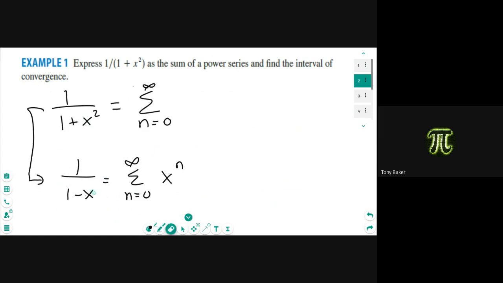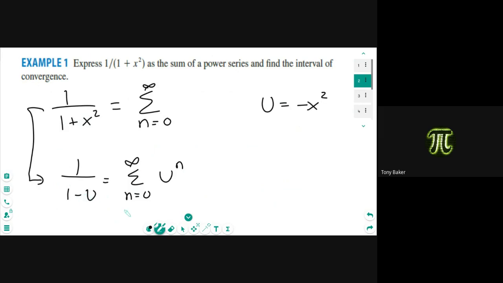Actually, I'm going to change the x to u. How can I change 1 plus x squared to 1 minus u? What would the u be? Almost. Negative x squared, because I want it to be a negative.